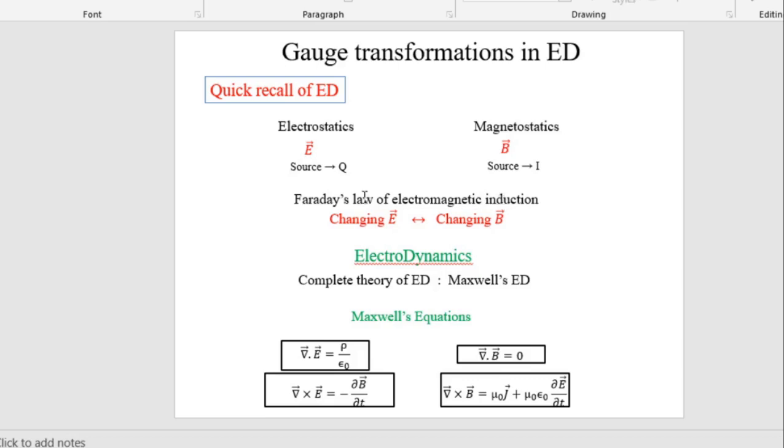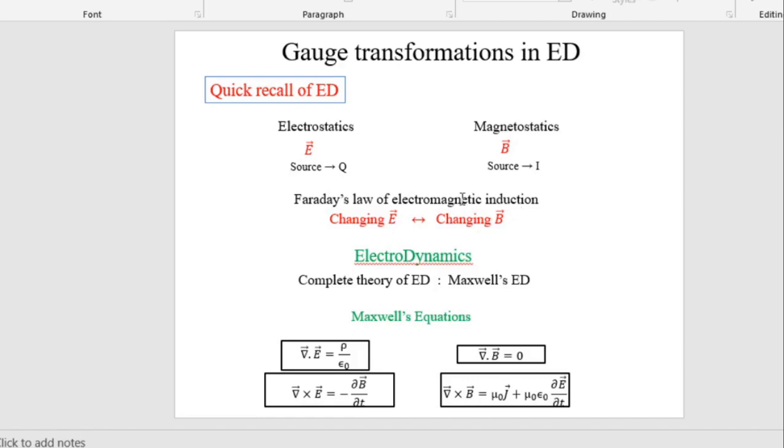That means a changing magnetic flux produces an electric field. In conclusion, a changing electric field is always associated with a changing magnetic field, and conversely a changing magnetic field is associated with a changing electric field.